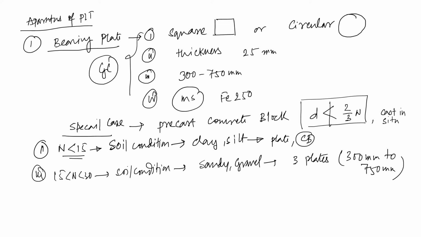And in the second condition, N greater than 30, the size should be 450 mm. I hope that is understood. So this is all about your bearing plate. If there is any kind of doubt, let me know in the comment section.